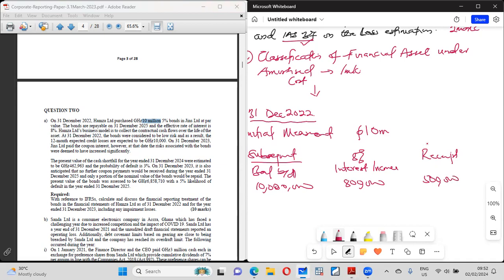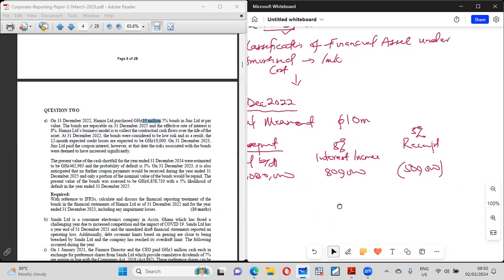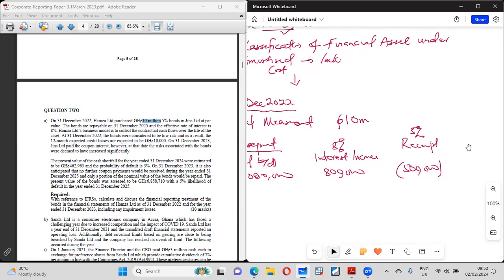Oh, wow. I love questions like this. But students will be sitting there not knowing what to do. Then at the end of the day, if you add 800 you have 1,008, so it will be 10,300,000. So that is our balance carried down.